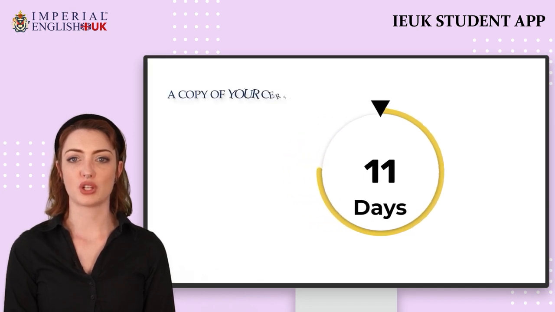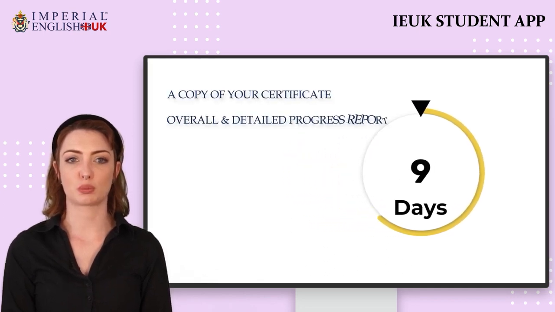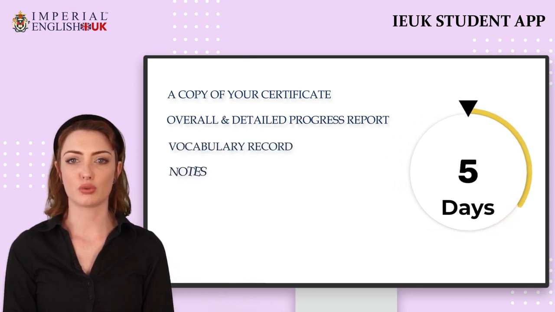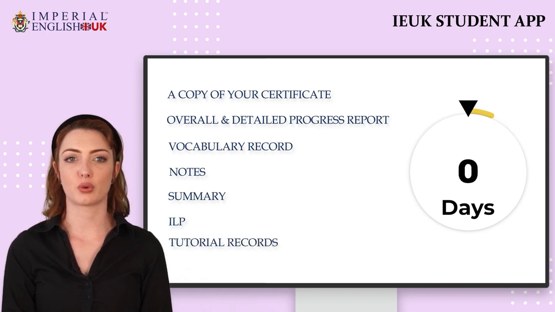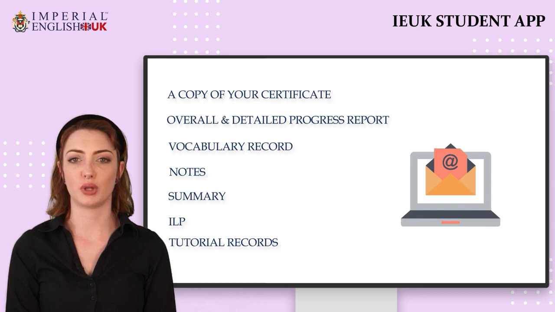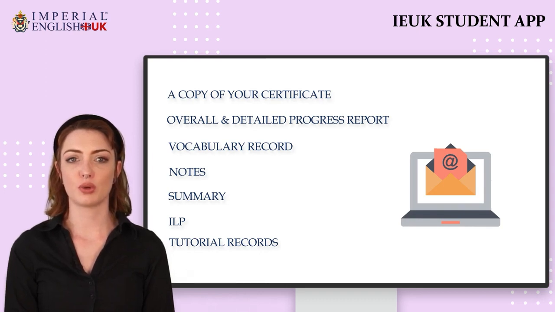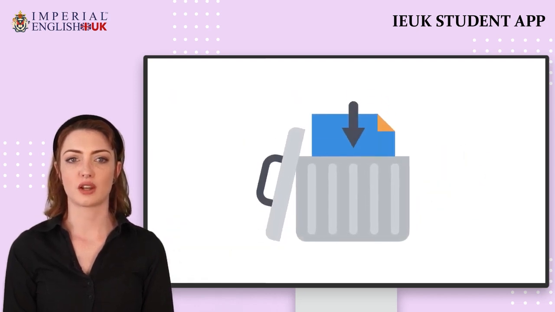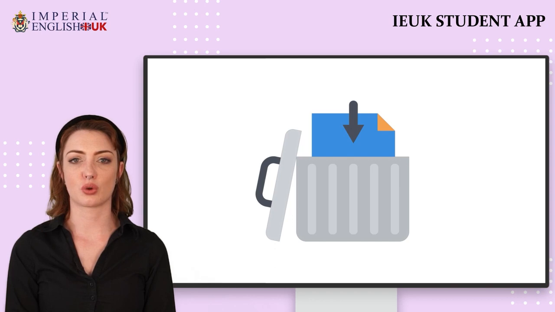A copy of your certificate, overall and detailed progress report, vocabulary record, notes, summary, ILP and tutorial records for the course will be emailed in the form of a link for you to download. You must download all the files from the link within 14 days. After the link expires, all data will be deleted and access to the course and app will also end.